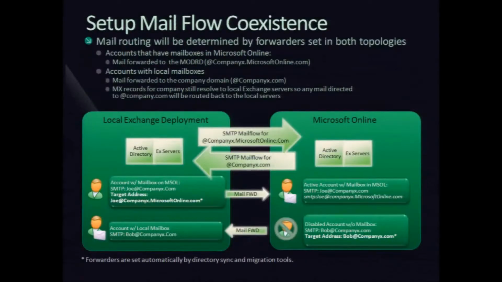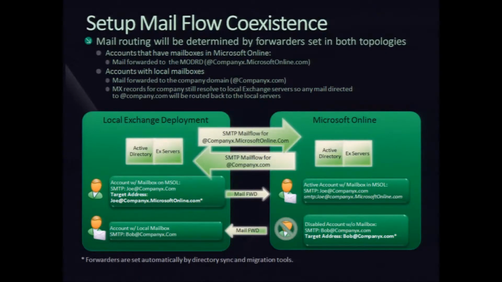This is how mail flow works during coexistence, and this is why you don't need to update your MX record. So when mail is routing, here we have two environments. We have Microsoft Online on the right-hand side, and your local Exchange deployment on the left-hand side. Mail will automatically, for this company, go into their local environment.